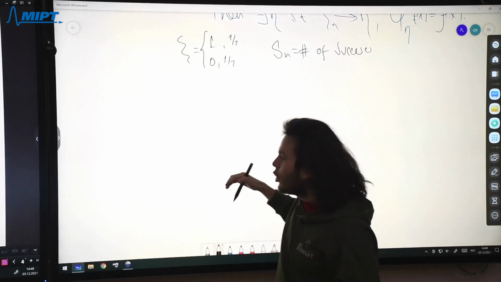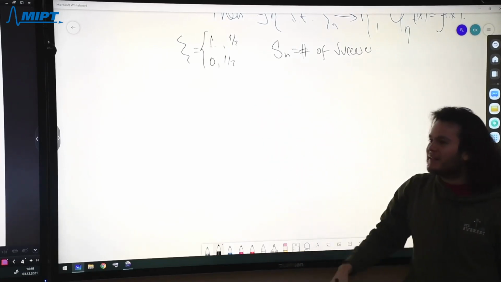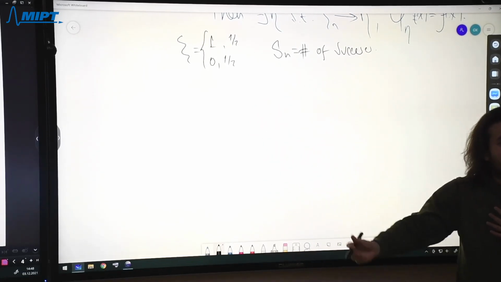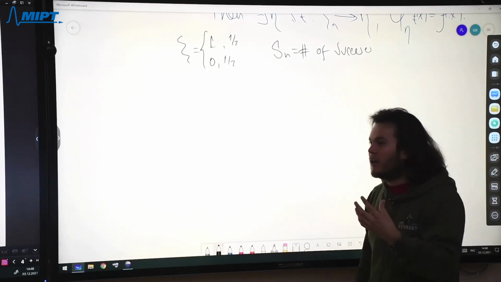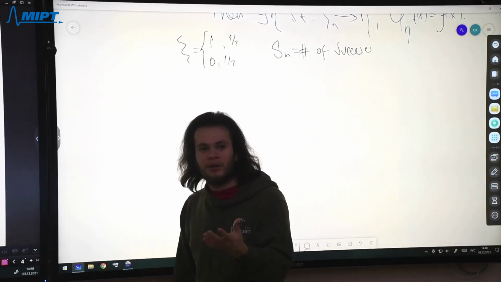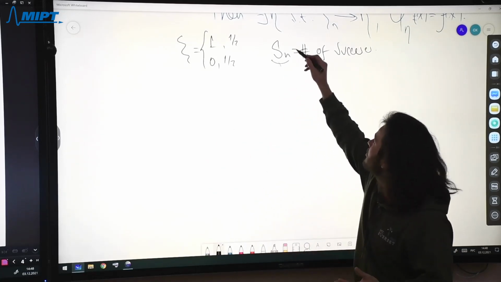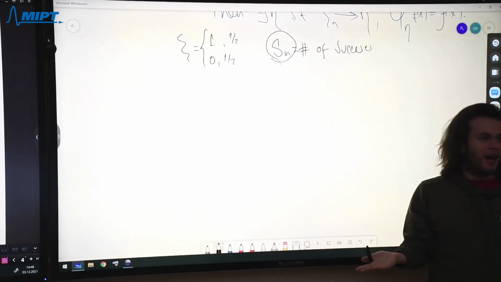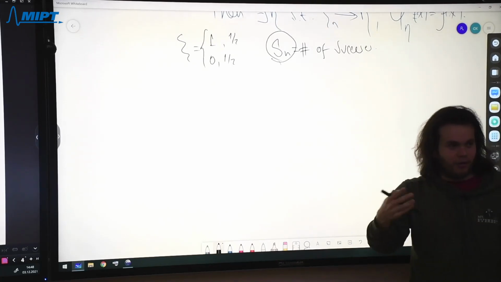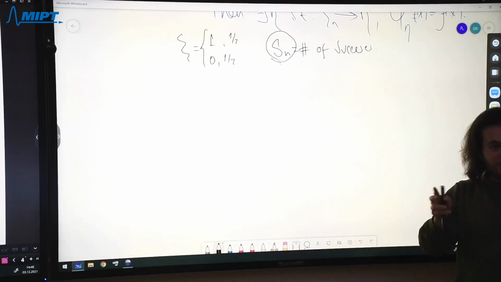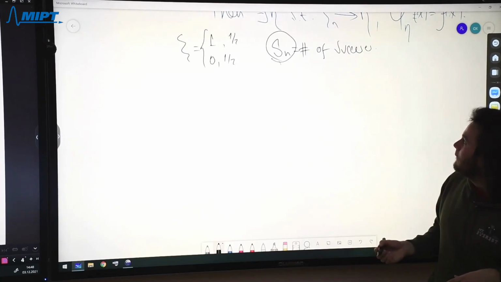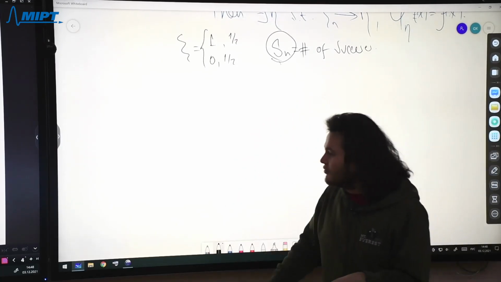So we can now define the probability that the number of successes is less than any number that you want. If you flip this coin 1 million times, this random variable is going to be about, well, what do you think? Half, right? Half of a million. So the number of successes is more or less half of the number of trials that you have.